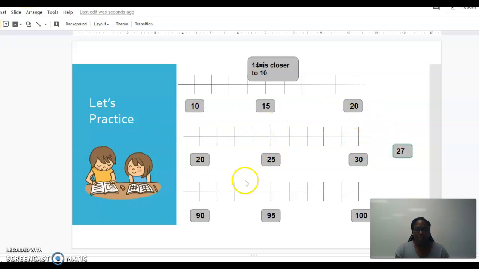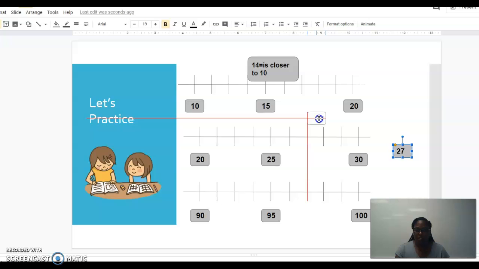Which 10 would 27 be closest to? If you were thinking 30, then you are absolutely correct. Because 27 comes after 25, and 27 is closer to 30 than it is to 20.